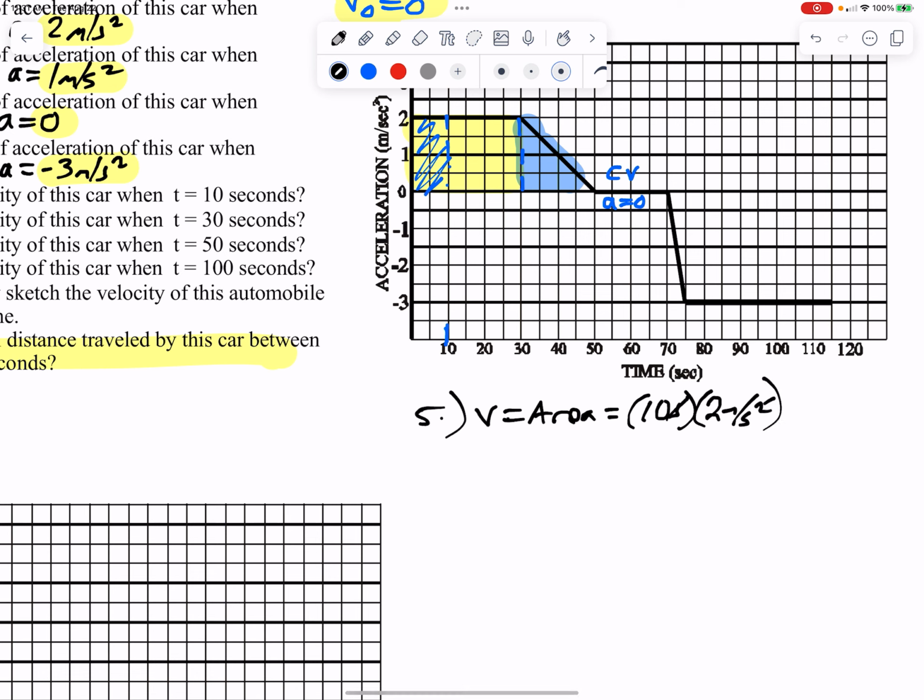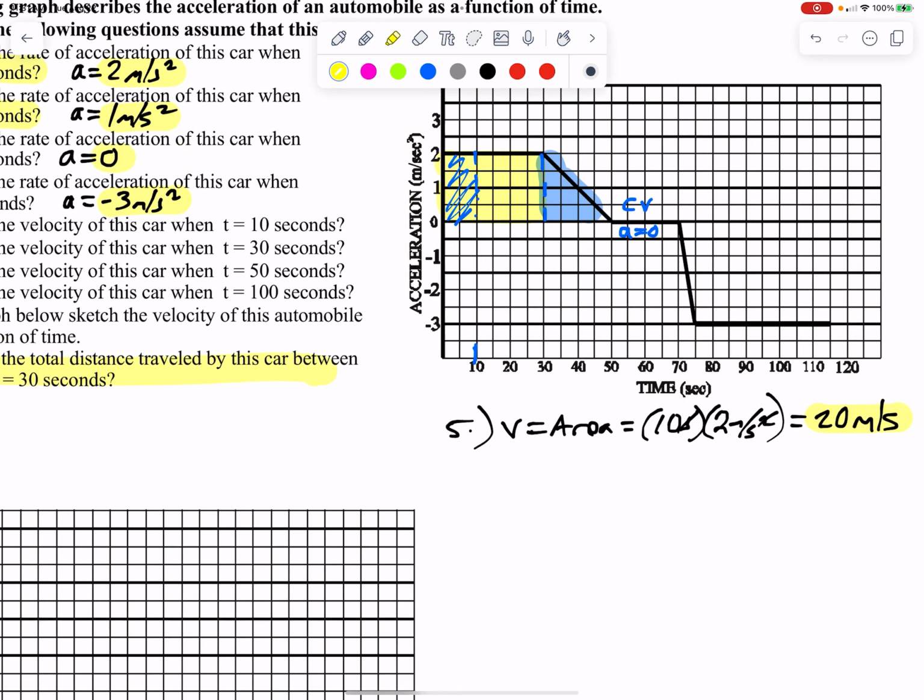You'll notice this cancels with this, leaving you meters per second as the proper unit, and you can see we end up with 20 meters per second. So again, just like before, there's minimal work to show, but we still need to show a little work.